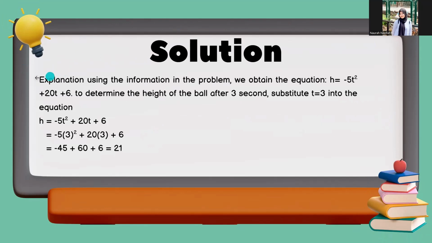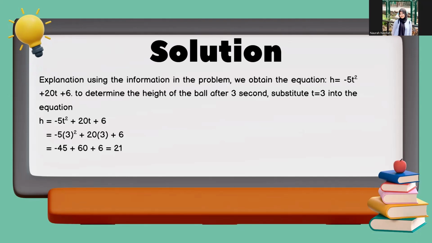The solution for A. Explanation: using the information in the problem, we obtain the equation h equals negative 5t squared plus 20t plus 6.